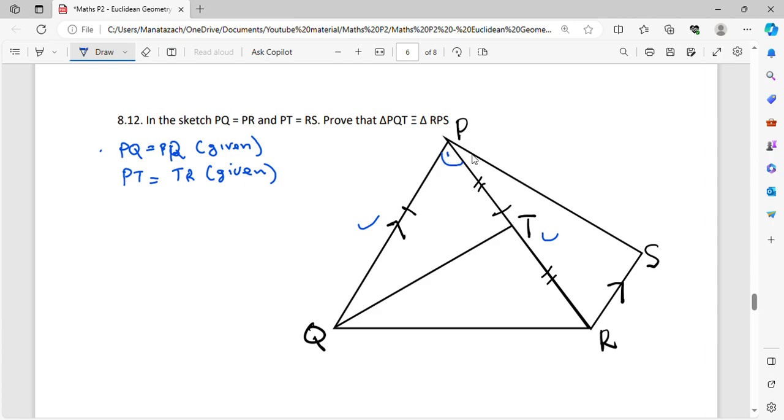Therefore, P1 is equal to angle R. The reason for that, they are alternating angles. So the conclusion is triangle PQT is congruent to triangle RPS. The reason, side, angle, side.